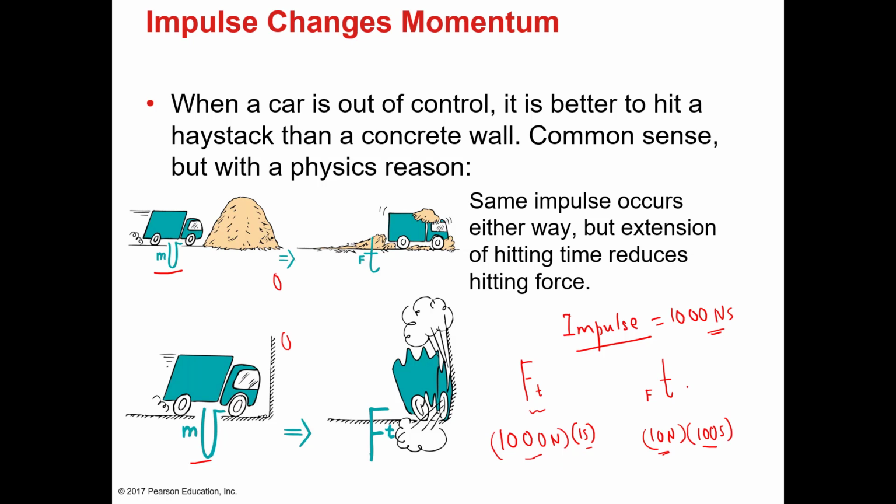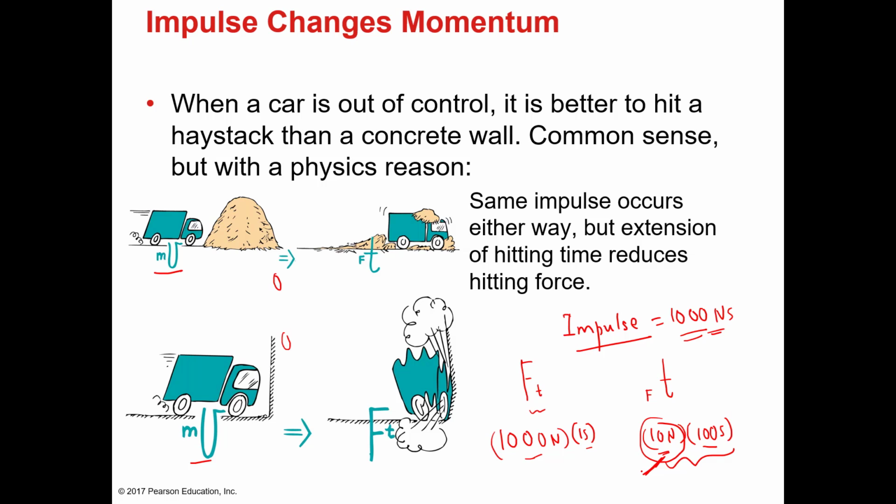Both give 1000 Newton second, but this would be less damaging because you're applying only 10 Newton force, and you get back the same force from Newton's third law. Okay, so the car exerts 10 Newton force on the wall, and the wall also exerts the same amount of force back on the truck.